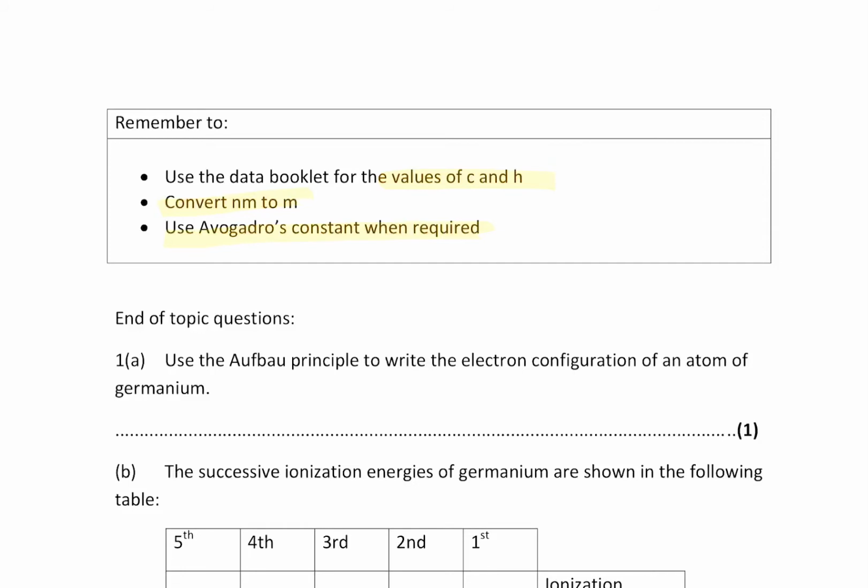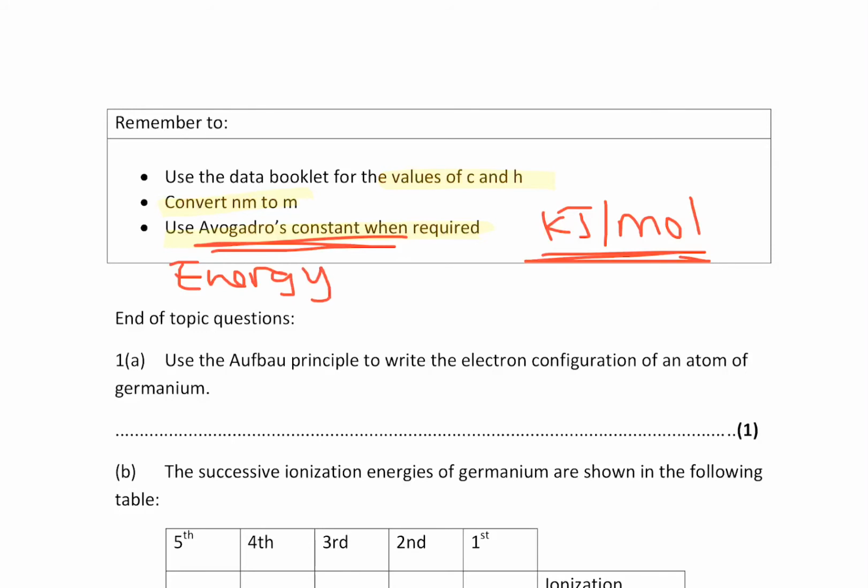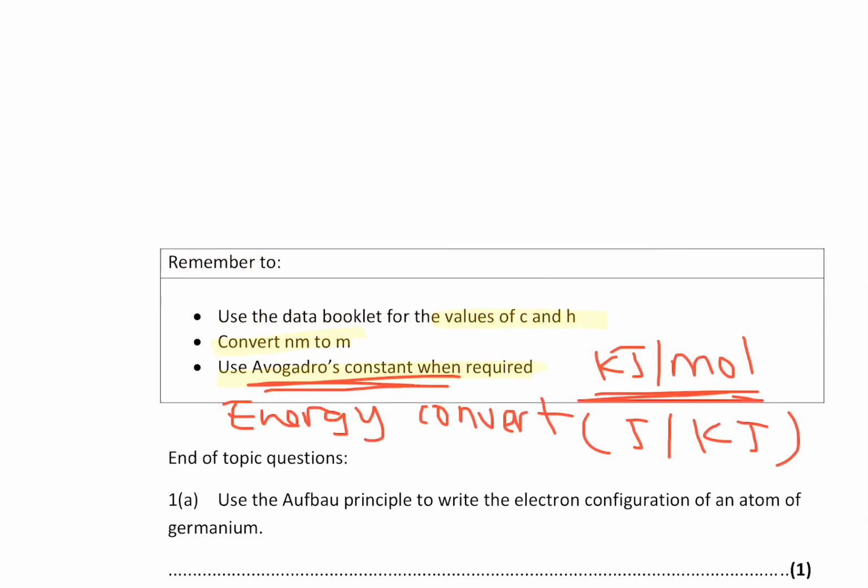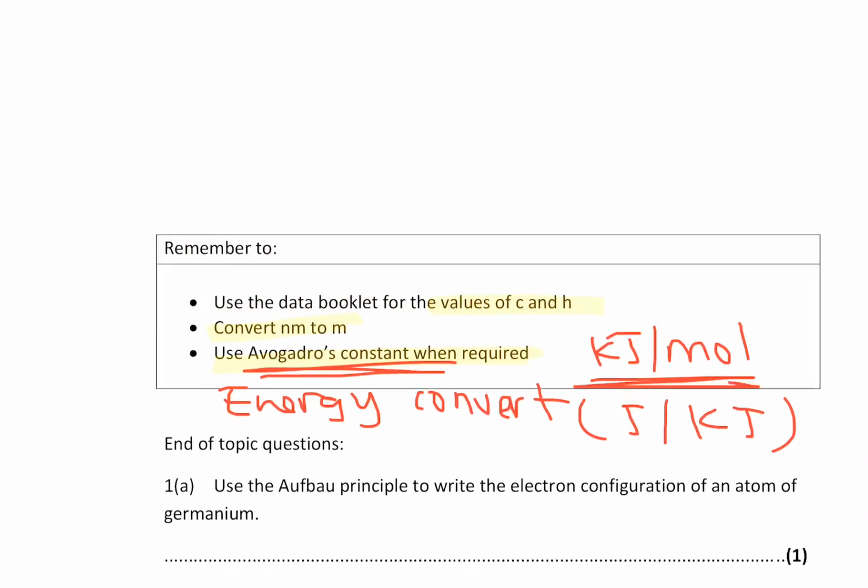Whenever you see the energy in kilojoules per mole, you know you need to use Avogadro's constant. Okay, and make sure that you don't forget the energy conversions. So joules, kilojoules. Okay, so that's for the calculations.